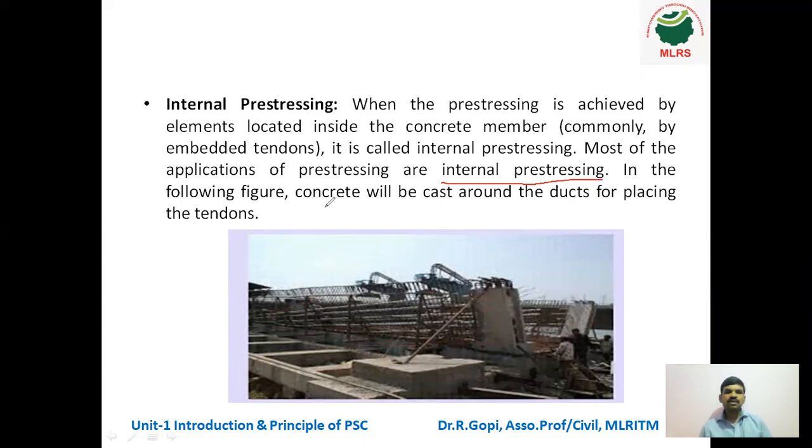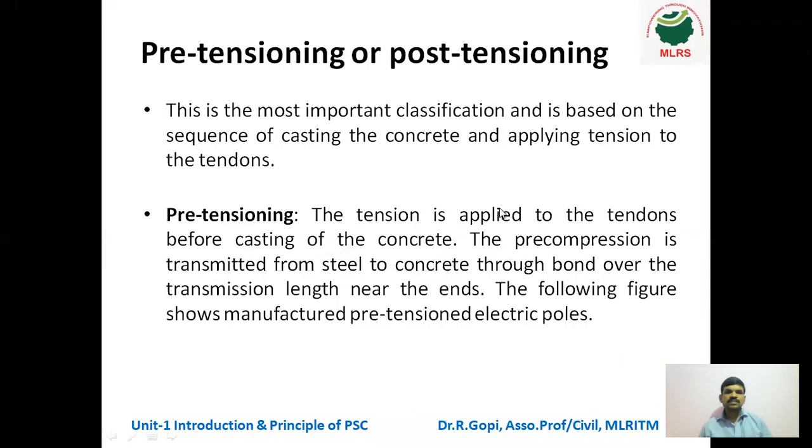In the following figure, concrete will be cast around the ducts for placing the tendons. So these pipes are called ducts. Inside the ducts, steel reinforcement is there. Next, pre-tensioning or post-tensioning. The name itself has the answer.